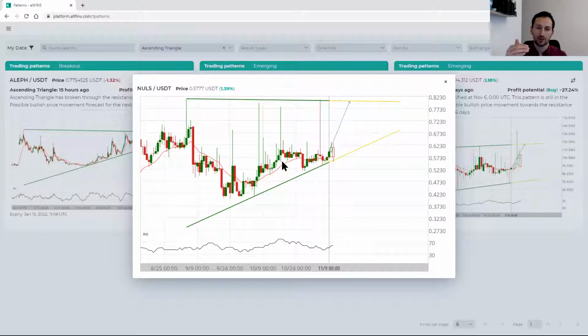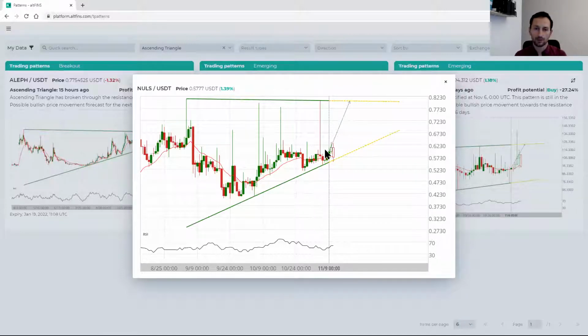The sellers are consistently selling it at 80 cents, but the buyers are more and more eager or anxious to buy it at a higher and higher level, which forms that upward sloping support trend line. And that is forming the ascending triangle.